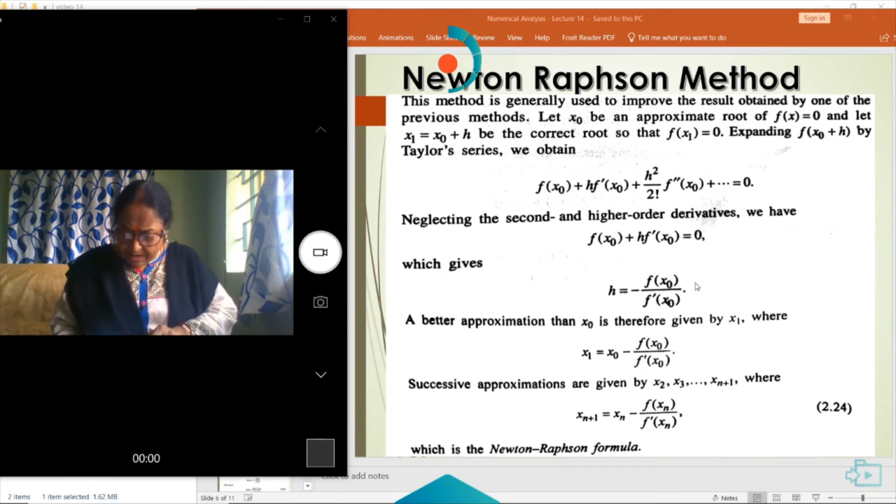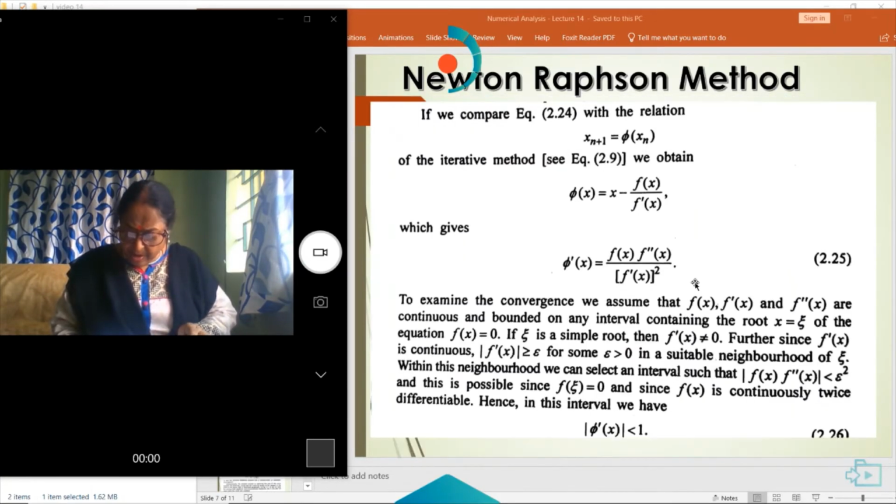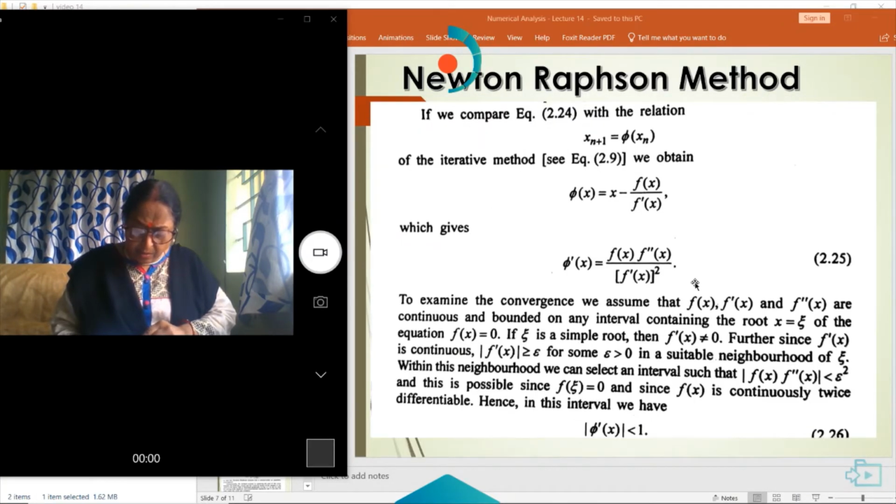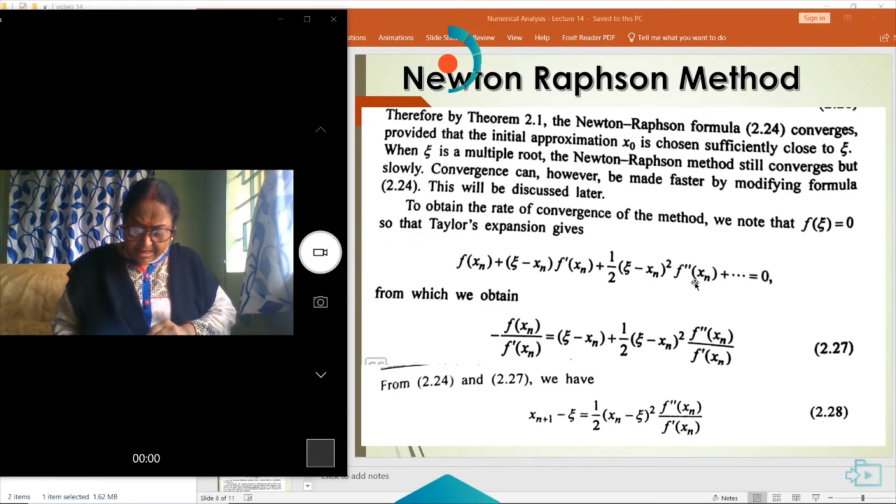Now putting these values in Taylor's theorem, we get fxn plus zeta minus xn f dash xn plus half zeta minus xn the whole square f double dash xn and so on up to infinity is equal to 0. From this, we get the calculation given on your screen.